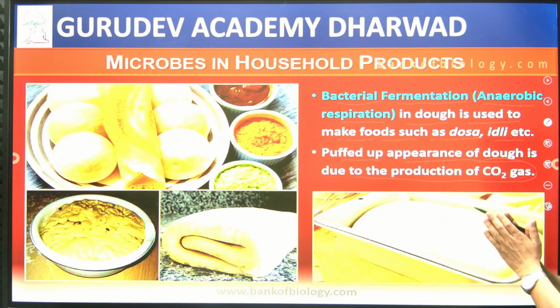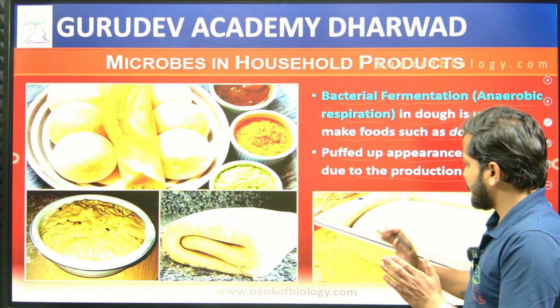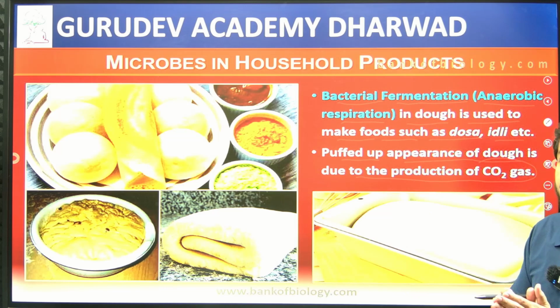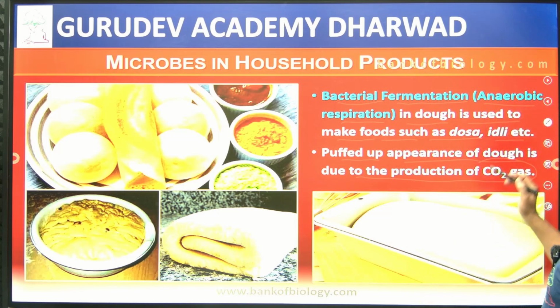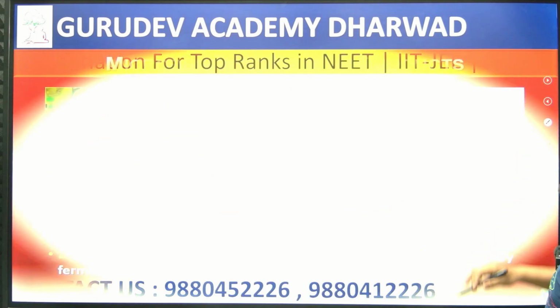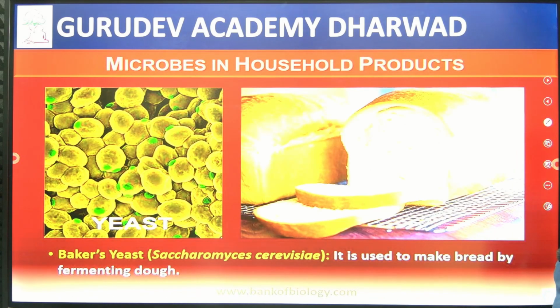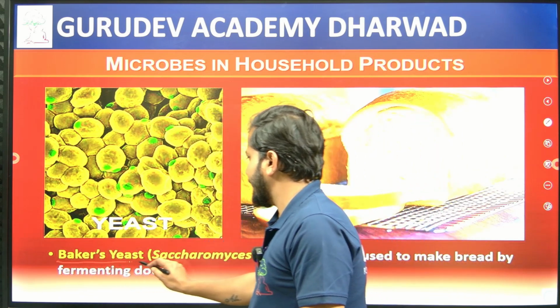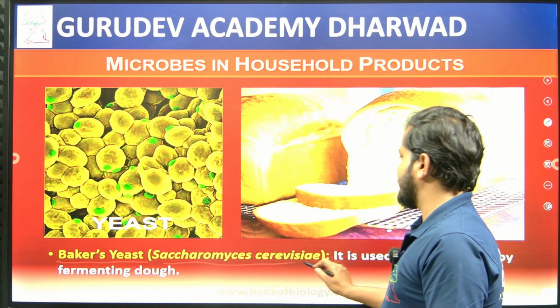So as it is puffed, there is definitely a production of CO2 gas in it, and that you can find with respect to the fermentation activity only. Then there is baker's yeast, that is Saccharomyces cerevisiae.